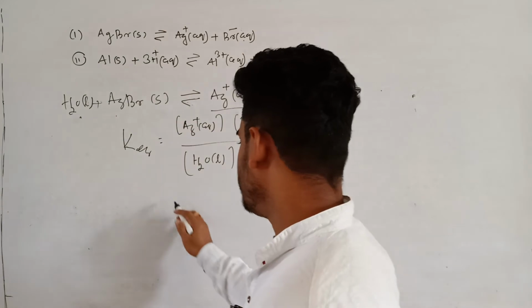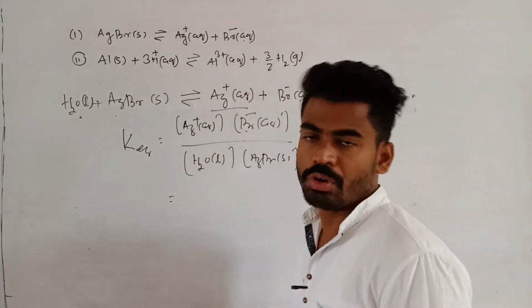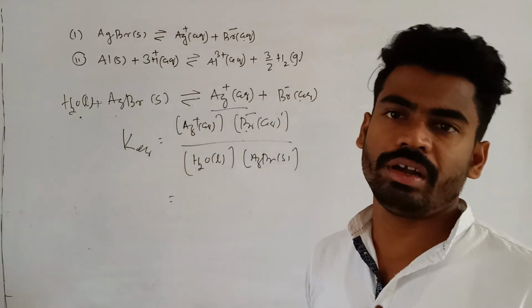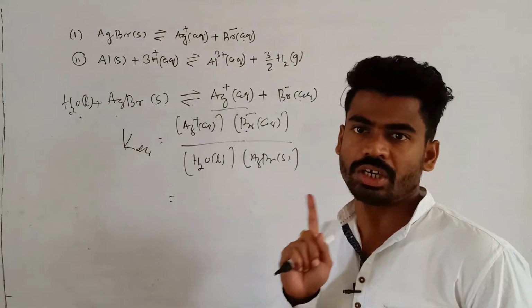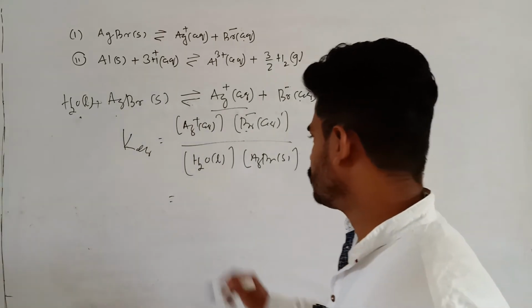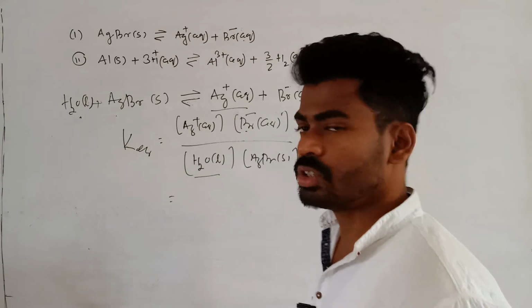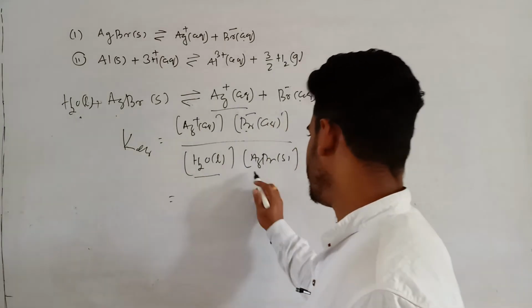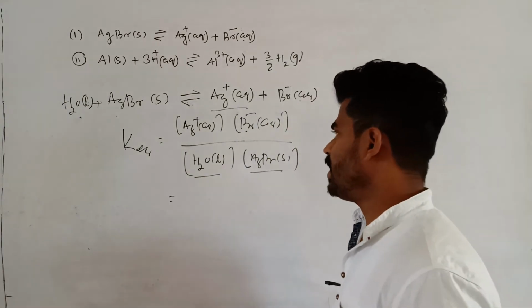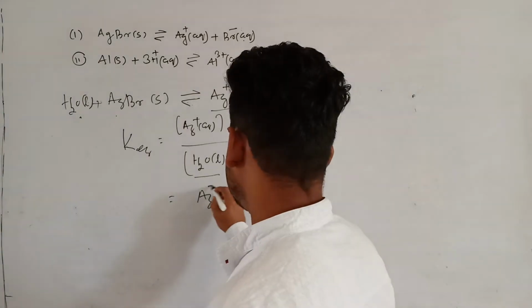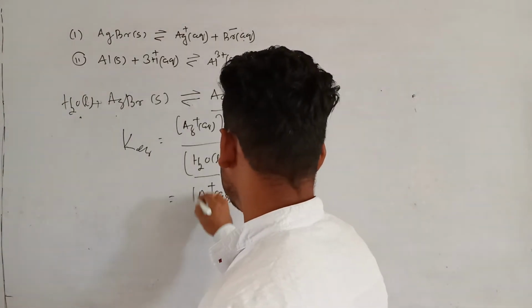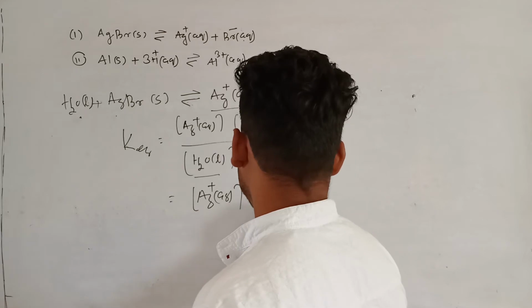Here you see, as I have told you, the concentration of a pure solid and pure liquid component you have to consider constant. So this water is a pure liquid, it can be considered as unit concentration, and AgBr is also a solid. So simply I can write the concentration of Ag plus aqueous and Br minus aqueous.